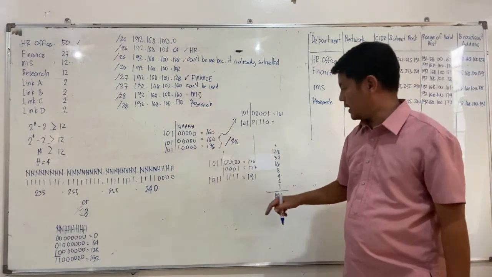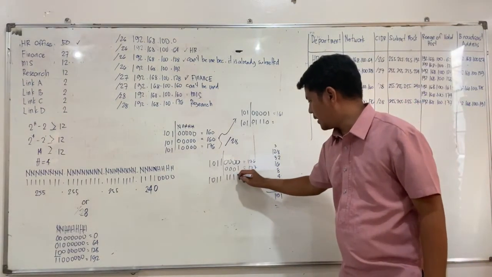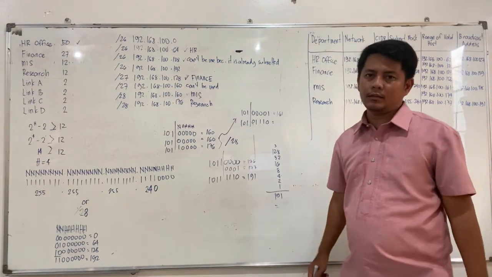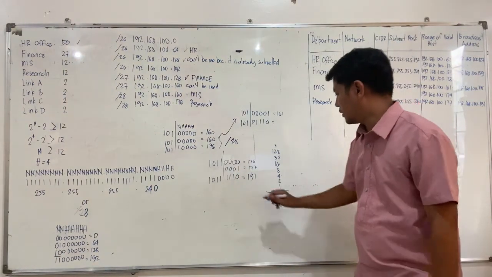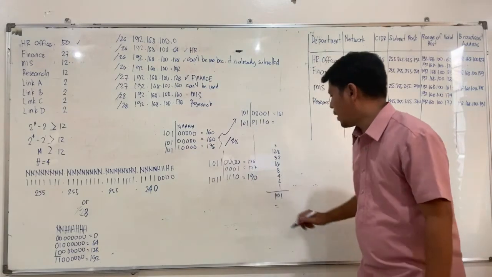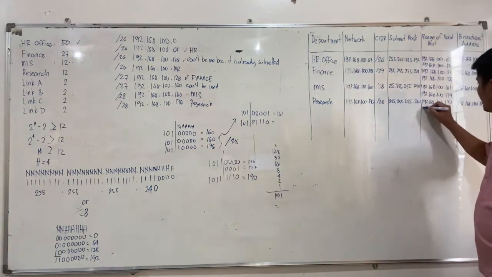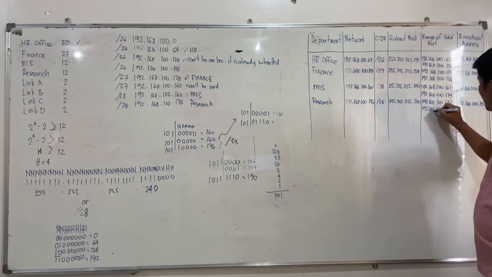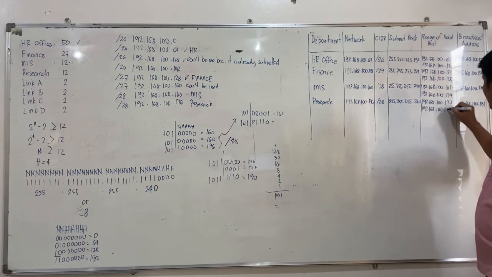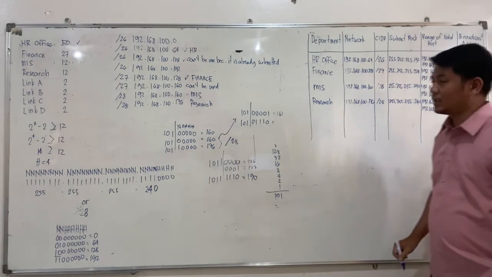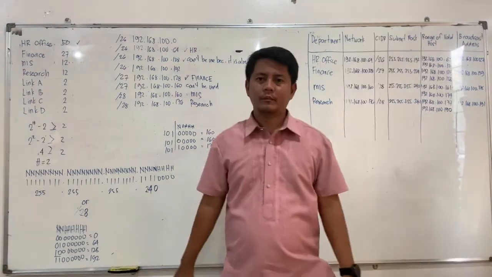To define the last valid host, retain 1 bit, which is turned to 0. So this is equivalent to 190, 192.168.100.190. So that is for the research department.